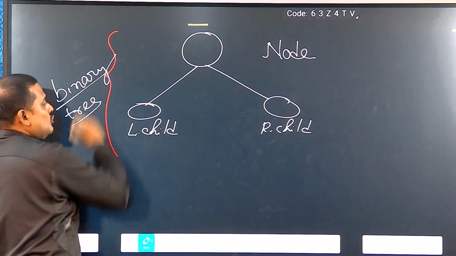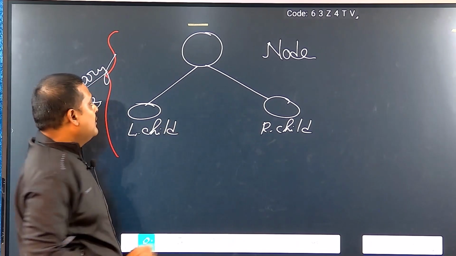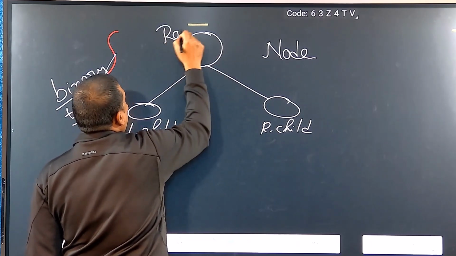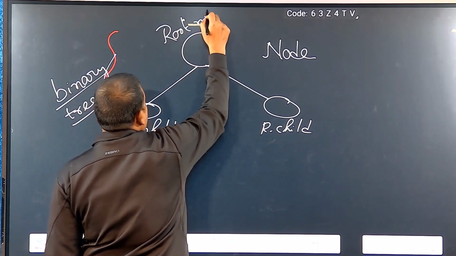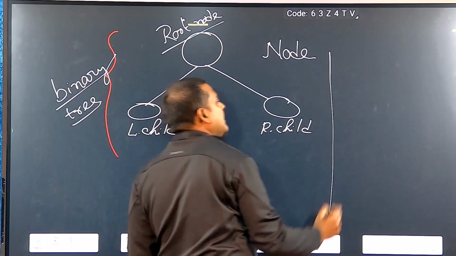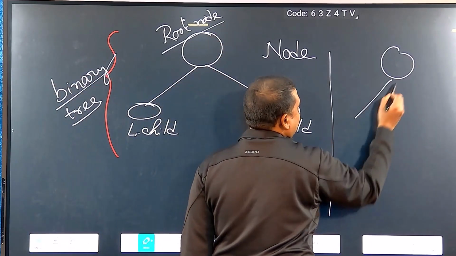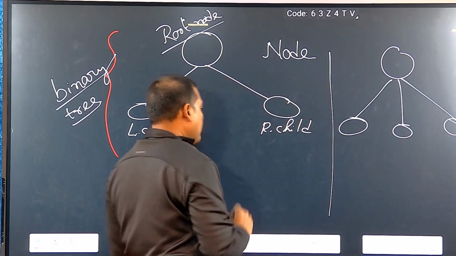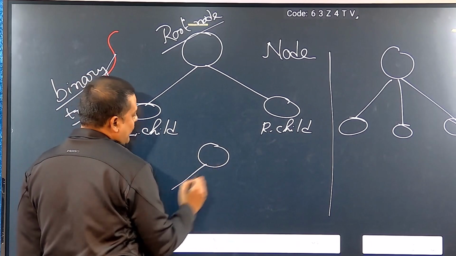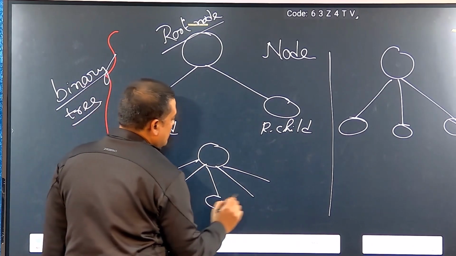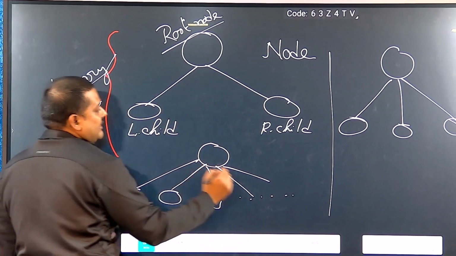Bi means two. Only one node can have two different children, and this one is called the root node. This is called the root node. One root can have three different children. One tree can have four different children, and this way it is called an n-ary tree.